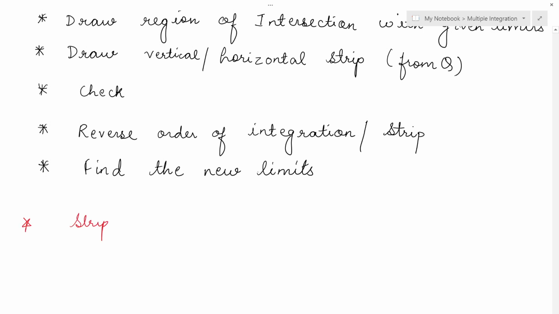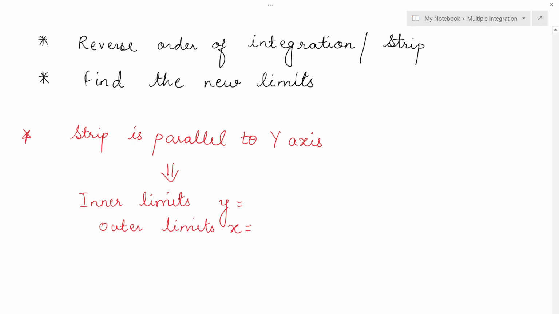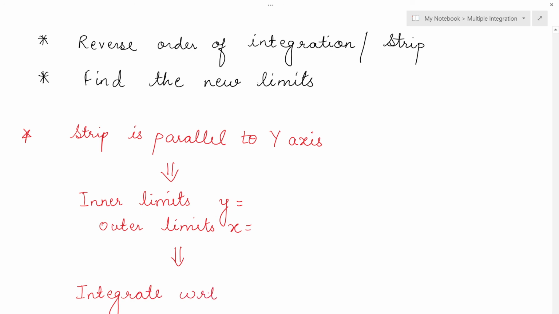If the strip is parallel to the y-axis, that is a vertical strip, your inner limits are y equal to something in terms of x, outer limits are x equal to some constants, and we have to integrate with respect to y first.